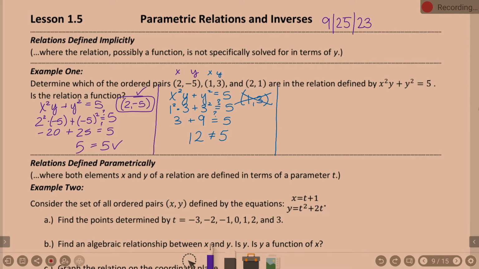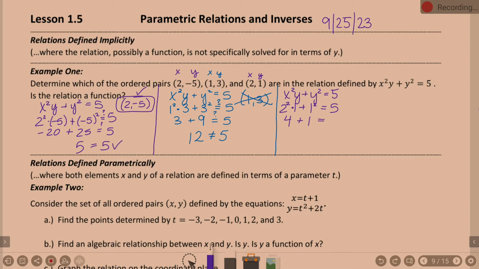And we had one more pair, 2, 1. So plug it into x squared y plus y squared equals 5. 2 squared times 1 plus 1 squared equals 5? Let's see, 2 squared is 4. 4 times 1 is 4, plus 1 squared is 1.